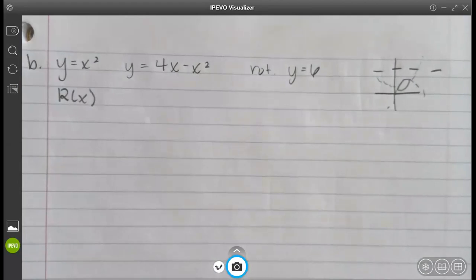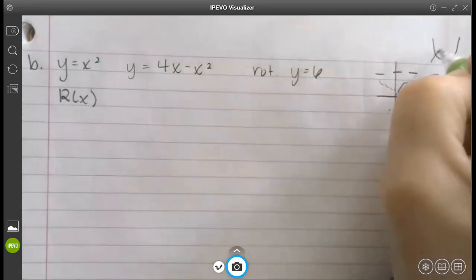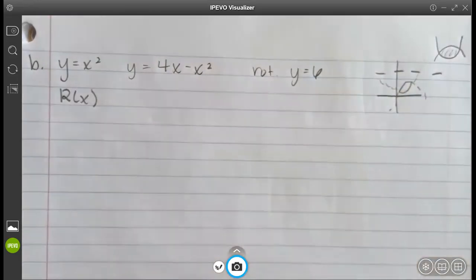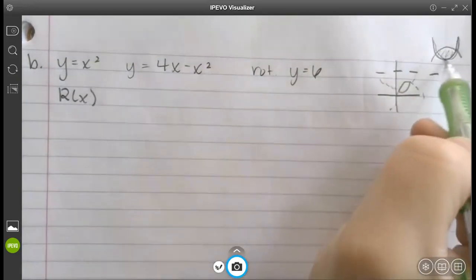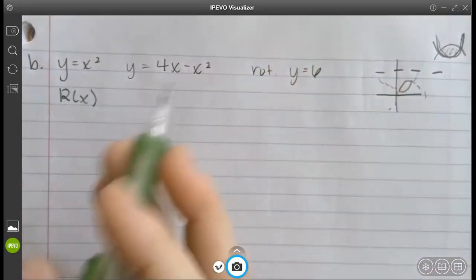Which one is the furthest from the line? The bottom one. Remember, they look like this. That's what's causing that football shape. Which one is the bottom one? Which one makes a U shape? x squared, that's the one.